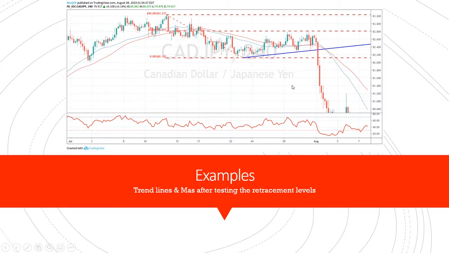So we have a clear RSI divergence, and we have a touch on the 61.8 level, and we have a red candle. And once we start trading below the moving average here, no one can blame you for shouting that you are going to make a lot of money on this trade.